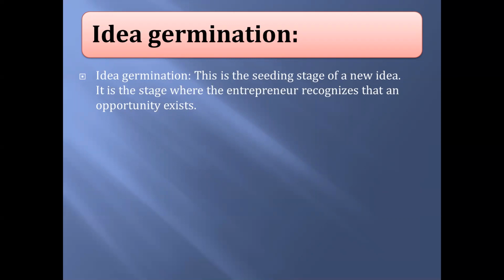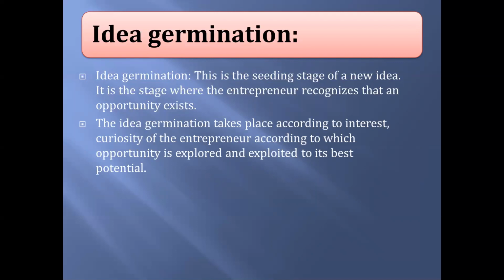So an idea is a small seeding stage. In this stage, an entrepreneur recognizes that an opportunity exists. This opportunity I can try. It's just in their mind, it's just an idea. There are different ways, which is why I gave the examples of problems, etc. So idea germination takes place according to the interest and curiosity of the entrepreneur.